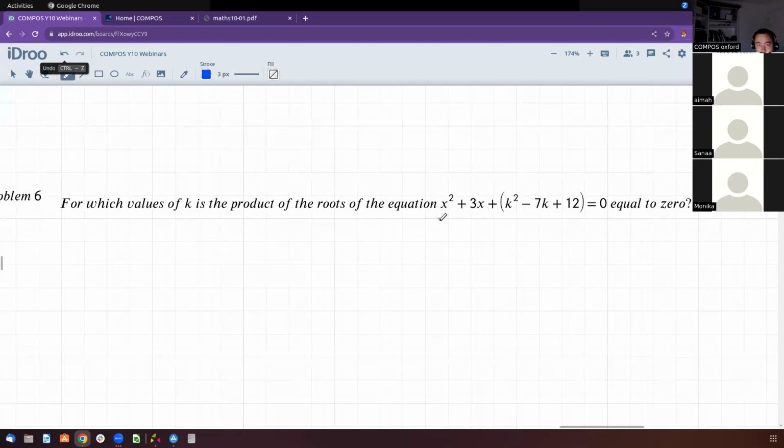So this is an equation with a parameter. The k is the parameter.